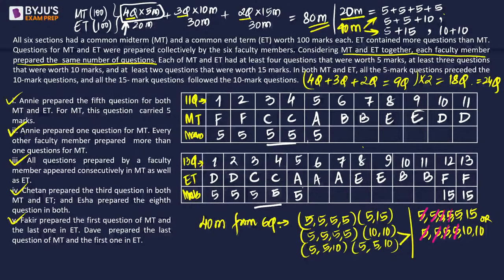Since Annie prepared the 5th question and this question carried 5 marks, we are going to have 10 fives. Out of 10 fives, we have 4 fives, 8 fives already. We need 2 more fives. Okay. And we can have 2 tens. That is also correct. We're going to have 1 ten.